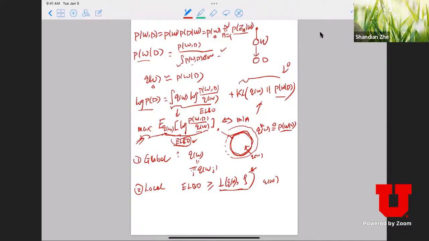So we expect that when you maximize this lower bound with respect to Q of W, even if you do not restrict the range of Q of W, it's still pretty easy. For example, in the Bayesian logistic regression case, when we maximize the lower bound of the ELBO, your optimal Q of W will be a Gaussian.